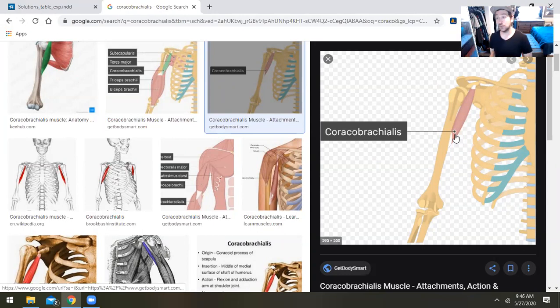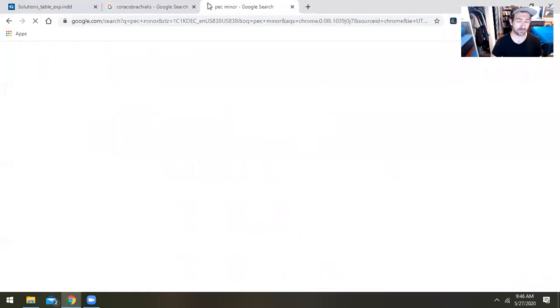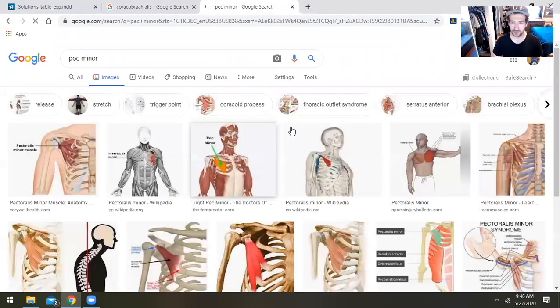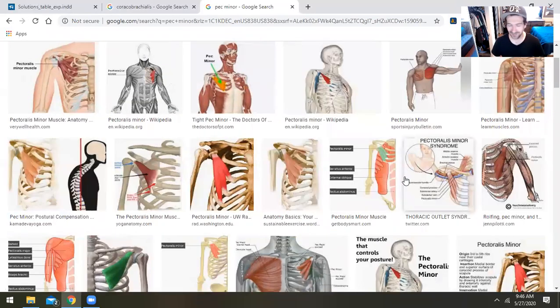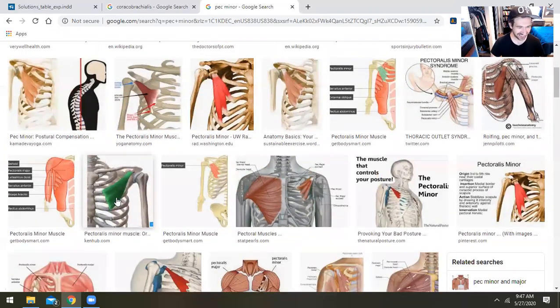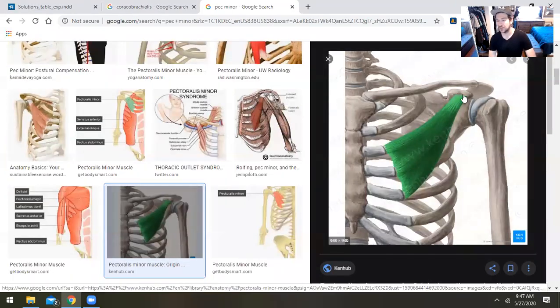The problem is it often gets overactive. And then when it pulls, rather than just helping raise the arm up overhead, it pulls so much on this little process right here that it ends up anteriorly tilting my scapula. Again, very similar to how the levator scapulae pulls forward, right? Because your pec minor is also right there. Both of those are inserting on the same spot.